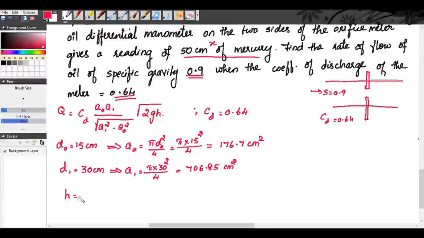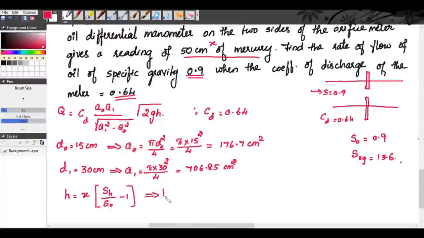So H is equal to, we know the formula, X into, see the specific gravity of oil, that is the flowing liquid, is 0.9. For mercury, the specific gravity is 13.6. Mercury is the heavier liquid, right? So X into SH by specific gravity of oil minus 1.